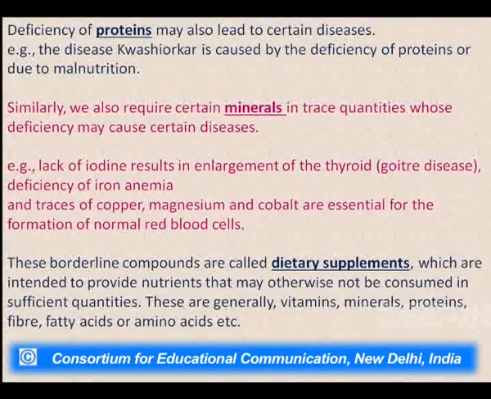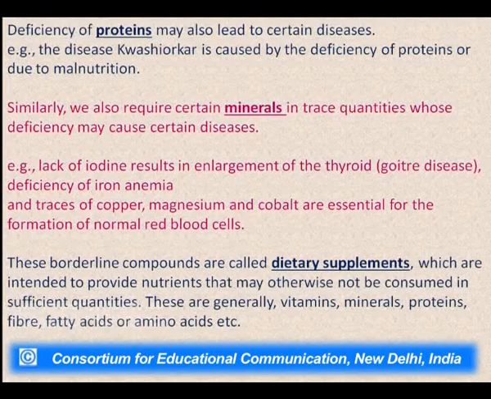Then comes the next supplement, which is the protein. Deficiency of protein may also lead to certain diseases. For example, the disease kwashiorkor is caused by the deficiency of proteins due to malnutrition. Similarly, we also require certain minerals in trace quantities, whose deficiency may cause certain diseases.